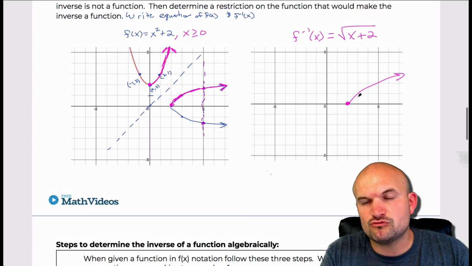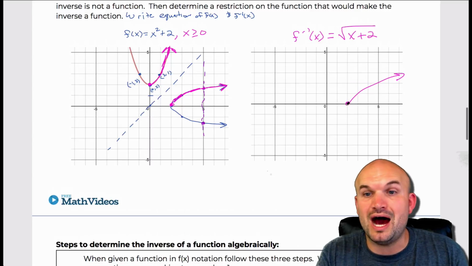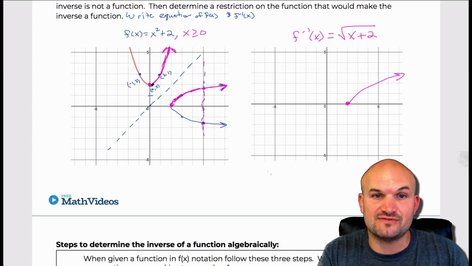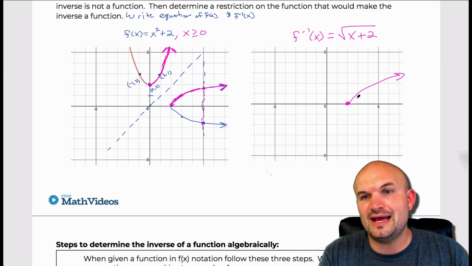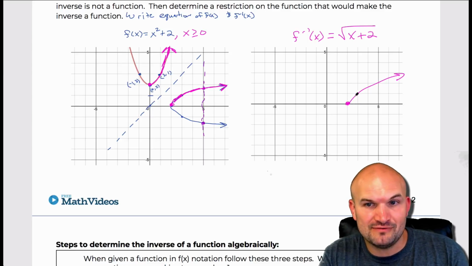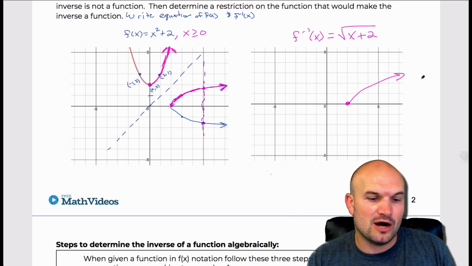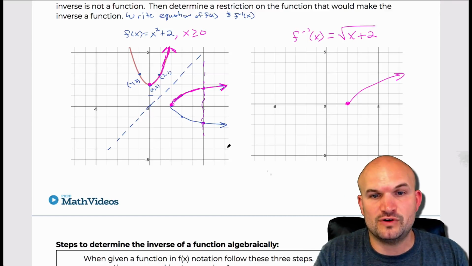Well, look at the range of this function: y is greater than 0. So you can see how they're exactly the same. And the range here is from 2 to 0, and the domain now of the inverse function is from 2 to 0. So you can, again, reiterate how the domain and the range are swapped for your inverse functions.